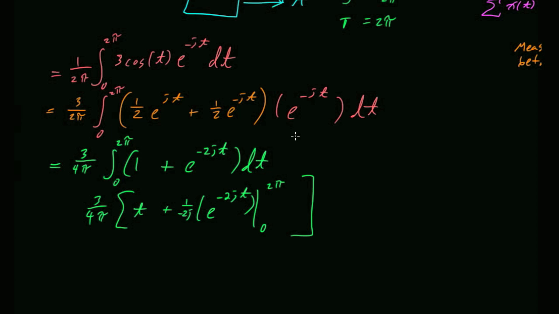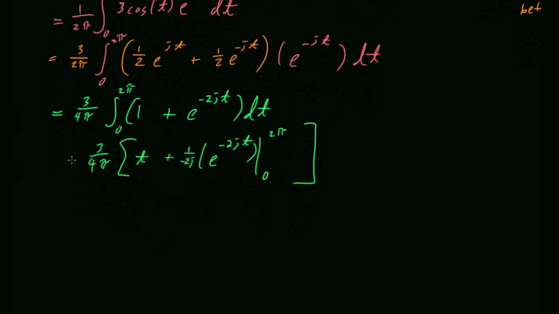Okay, let's sub in our limits of integration. Is this going to work? I don't know, let's find out. So if I sub in 2 pi, I get 2 pi minus 1 over 2j. Now it's going to be e to the, I got to sub in 2 pi into this expression, e to the minus j 4 pi.